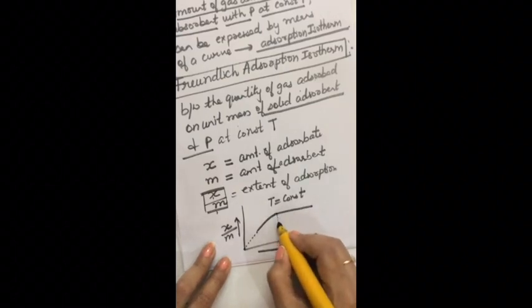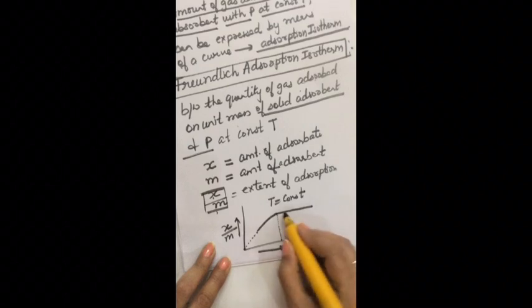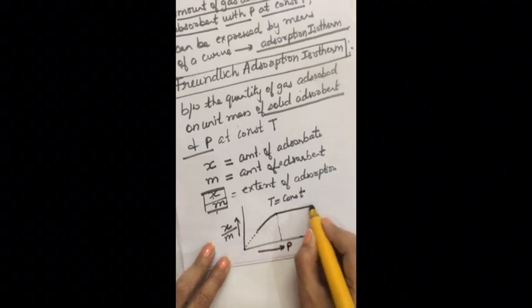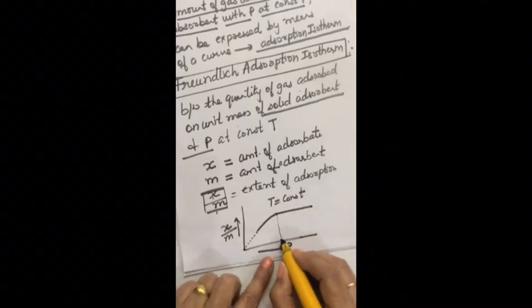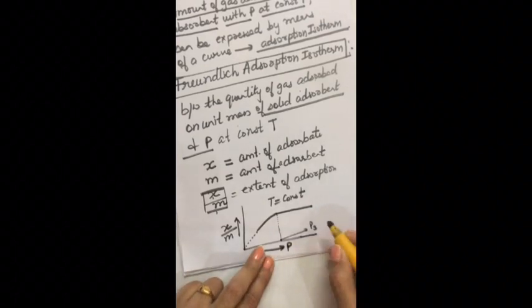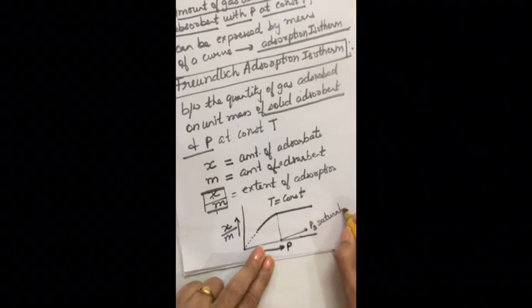This pressure, where the extent of adsorption is almost constant, is known as the saturation pressure, denoted by Ps.